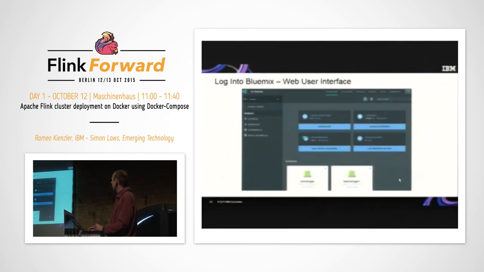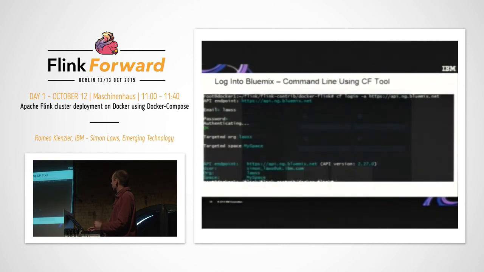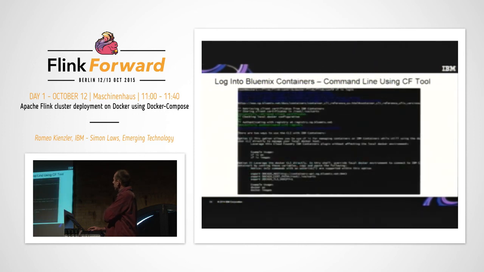But once you've got those, you can then push your images up. You can create images either through the web interface, or you can log in through the command line tool, as I did here. And when you log into the CFIC plugin, if you do CFIC login, as I did at the top there, it gives you the options you've got for interacting with Bluemix.